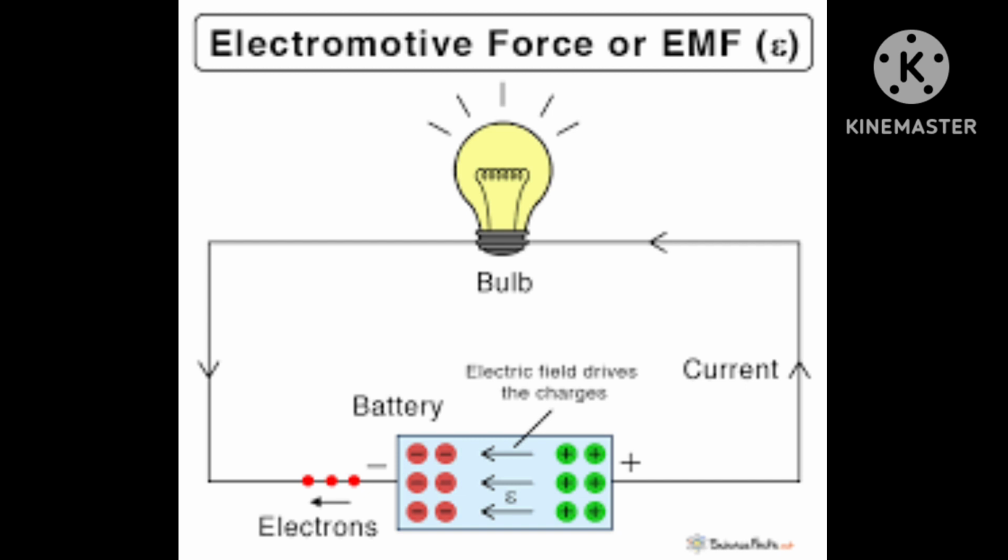For example, Zn will convert to Zn2+ plus 2 electrons. This is the oxidation. Already I told you, Zn ions will go into the solution and the concentration of Zn ions will increase.